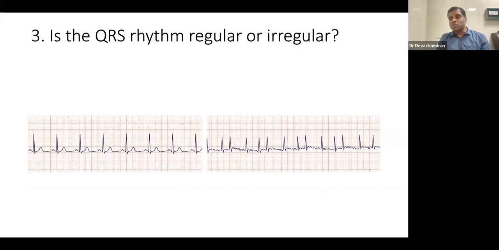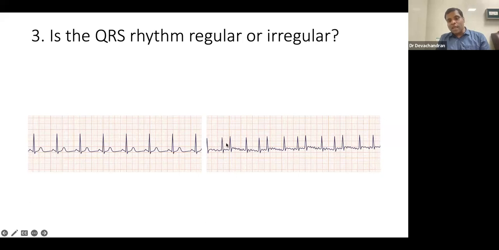Third question, is the QRS regular or irregular? I mentioned already, count the number of boxes between two R waves and look at the subsequent RR interval. So here it's 1, 2, 3, 4, and here it's 1, 2, 3, 4, here it's 1, 2, 3, 4, here it's 1, 2, 3, 4 boxes.